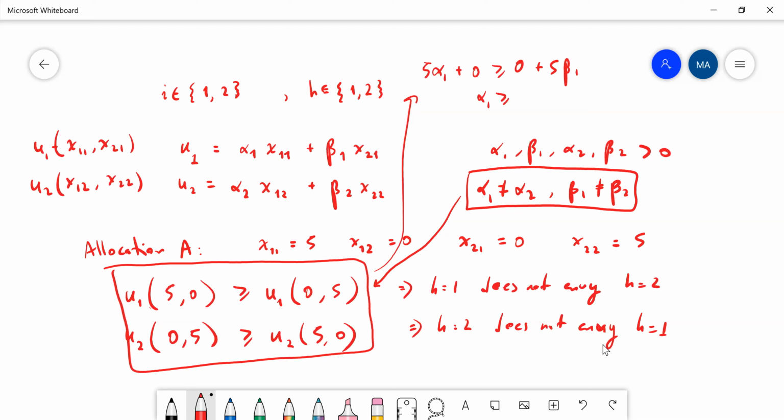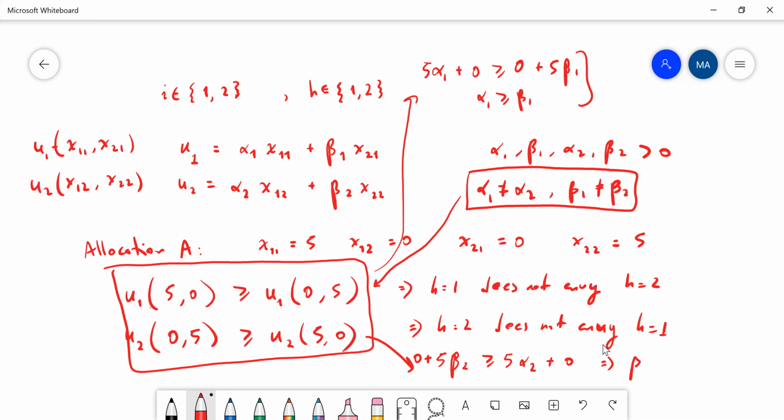So if alpha 1 is greater than beta 1, the first consumer is okay. The second condition requires 0 plus 5 beta 2 greater than or equal to 5 alpha 2 plus 0.